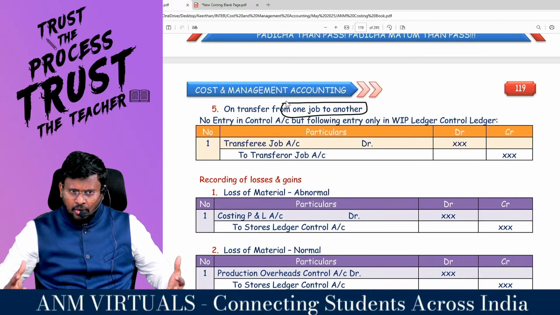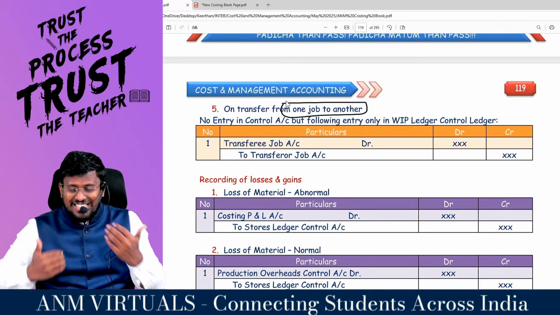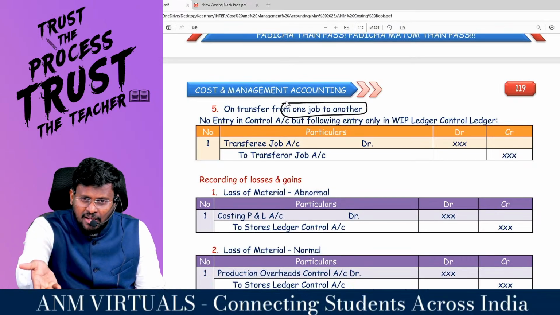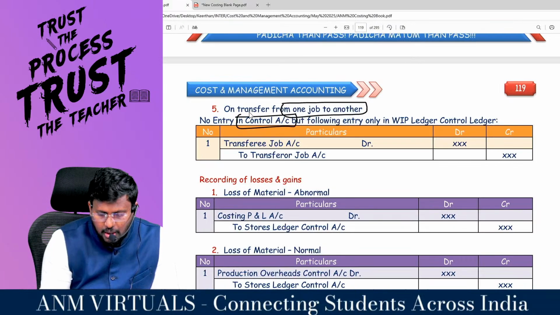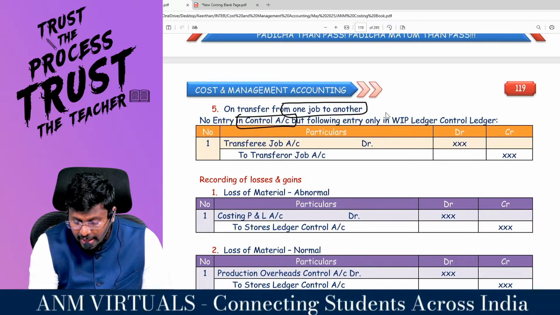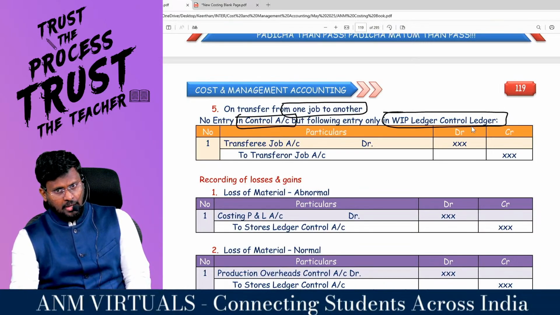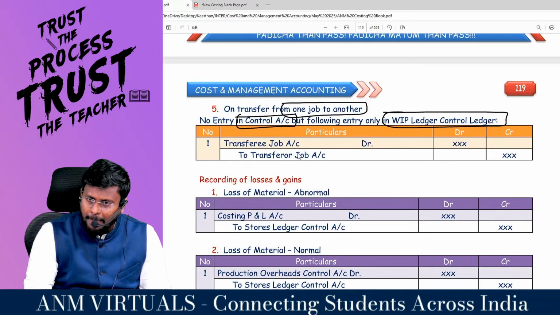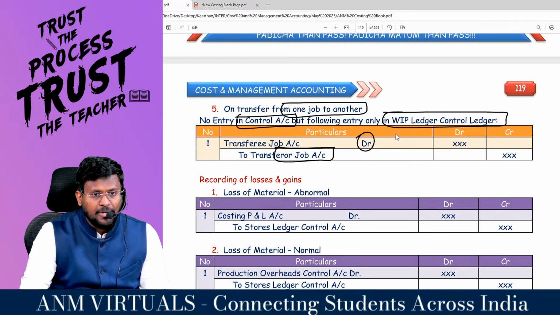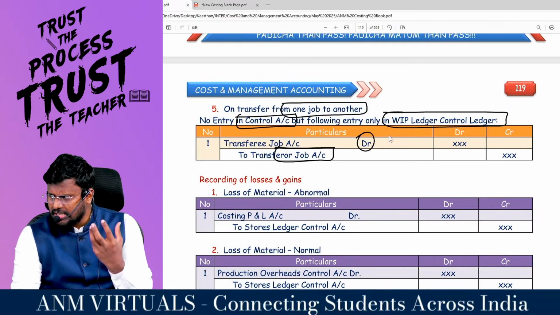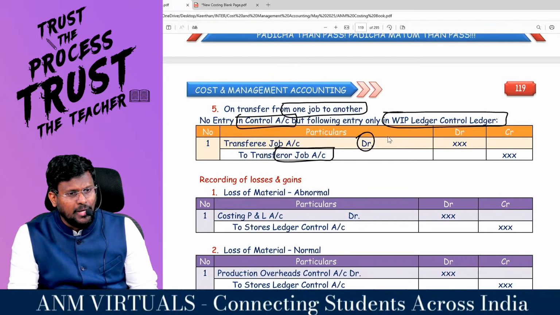Whether I have to pass any entry in the stores ledger? No, because that is happening only inside the factory. So no entry in the control account, but the following entry in the WIP ledger account: transferee job account debit, the one receiving, to transferor job account, the one sending. Because the receiving job's cost will increase and the sending job's cost will decrease.